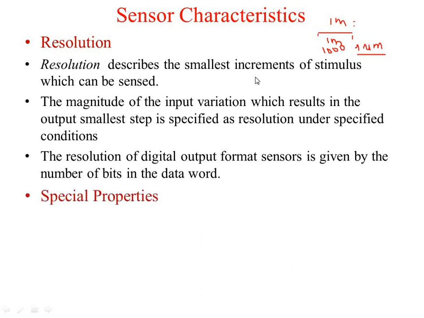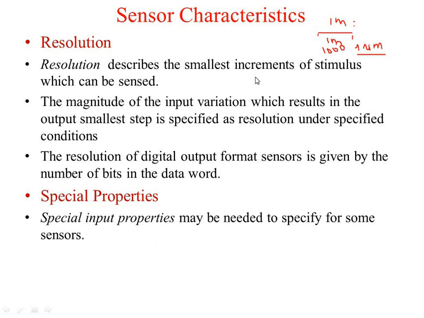There is another characteristic called the special properties. Many sensors are developed and they need to define special characteristics related to that sensor. Now let us consider the example of an optical fiber. When you say it is an optical fiber sensor, then you need to define a bandwidth as a special property for that sensor.